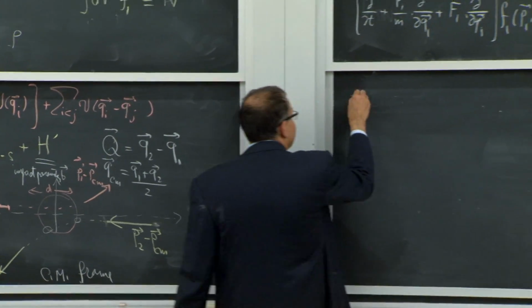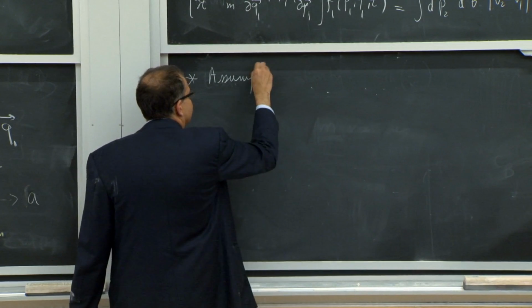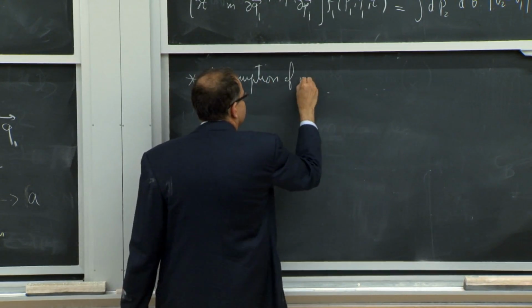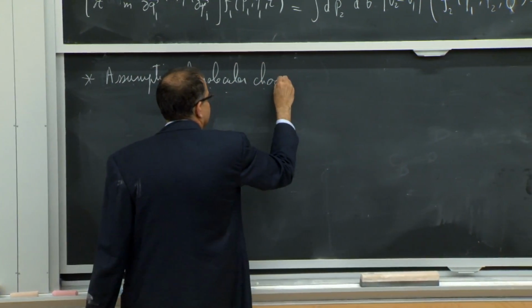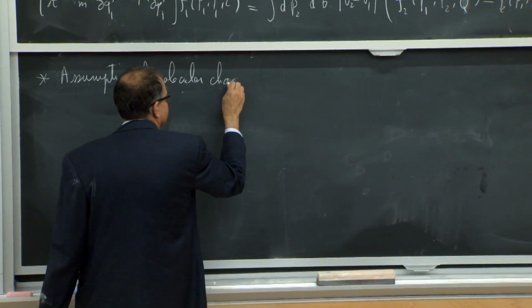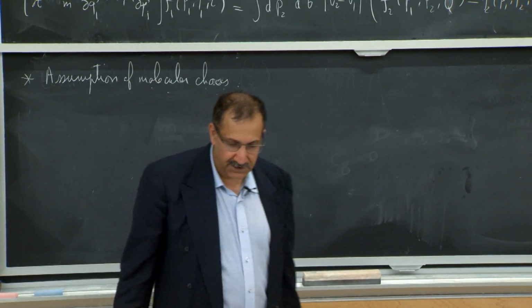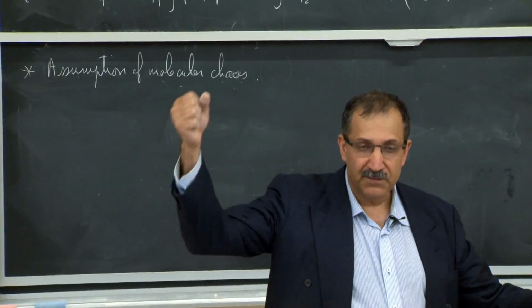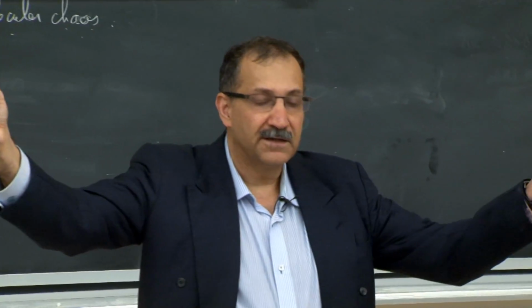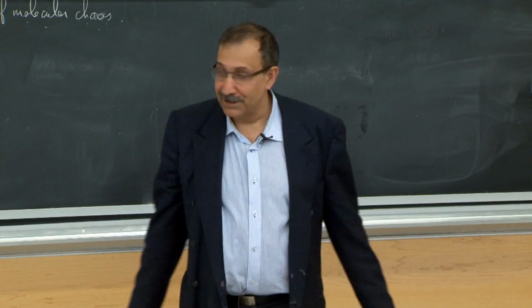That comes at the next stage, where we make the so-called assumption of molecular chaos. Basically, the assumption is about the chance that I have a particle here and a particle there. You would say it's the chance that I have one here and one there.